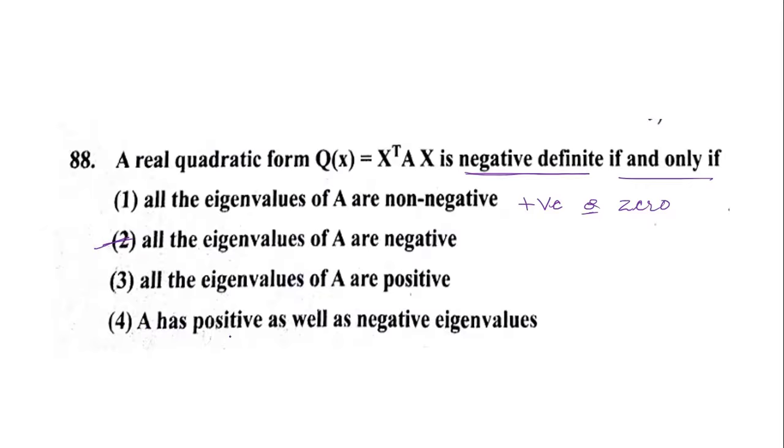Next, A has positive as well as negative eigenvalues, that is an indefinite form. Therefore, a real quadratic form Q of x equal to x transpose A x is negative definite if and only if all the eigenvalues of A are negative. This is true.